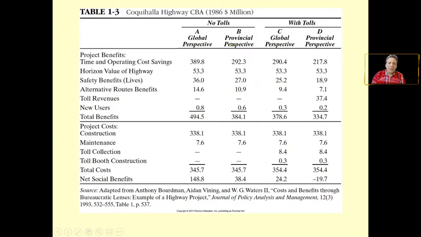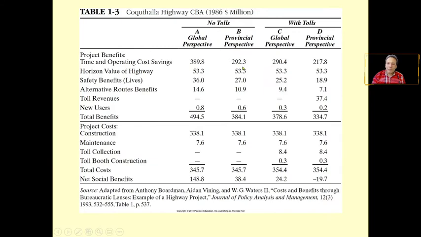Here in the upper panel, we are going to account for the project benefits. The time and operating cost savings from the global perspective, taking into account all the population that is going to use the highway, is 389, which compares to the local perspective, 292.